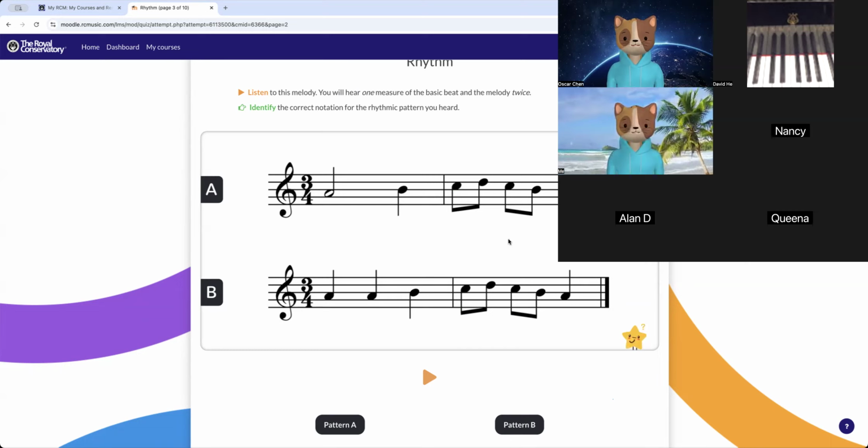Beautiful. And Nancy or Sunny, which one do you want to do, or do you want to skip? Skip? Cool. Nancy, how about you? Skip? Okay.